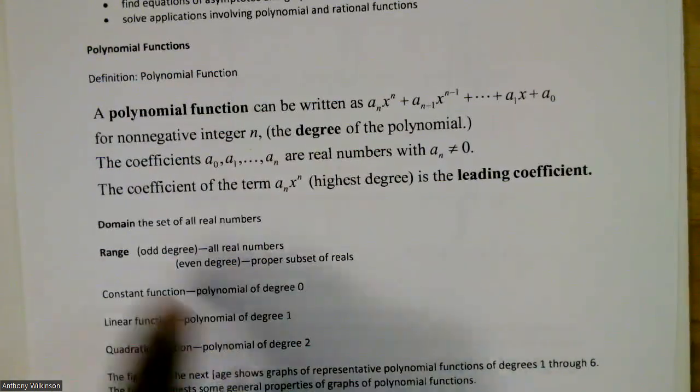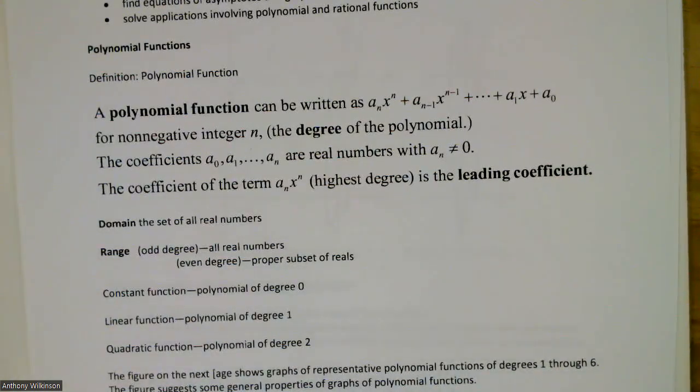The range, if your degree is odd, like a third degree, fifth degree, seventh degree, and so on, will be all real numbers. But for an even degree, like second degree, fourth degree, sixth degree, and so on, it's just going to be a proper subset of reals.